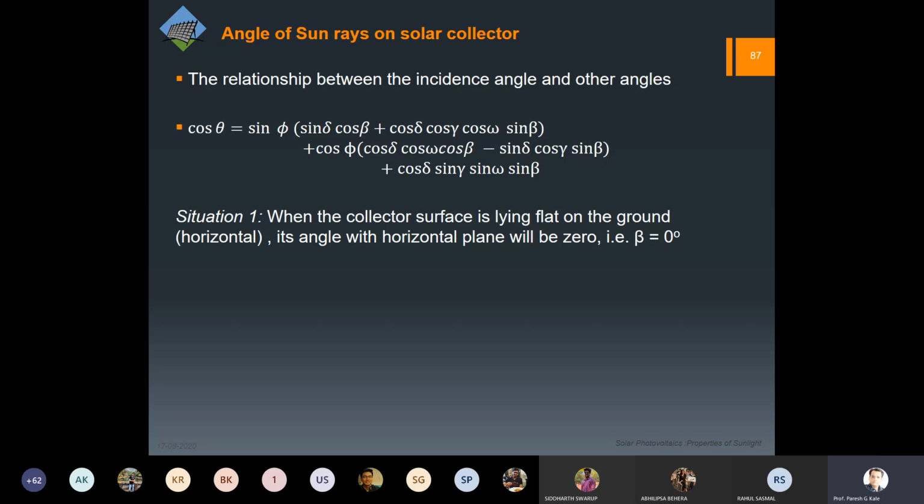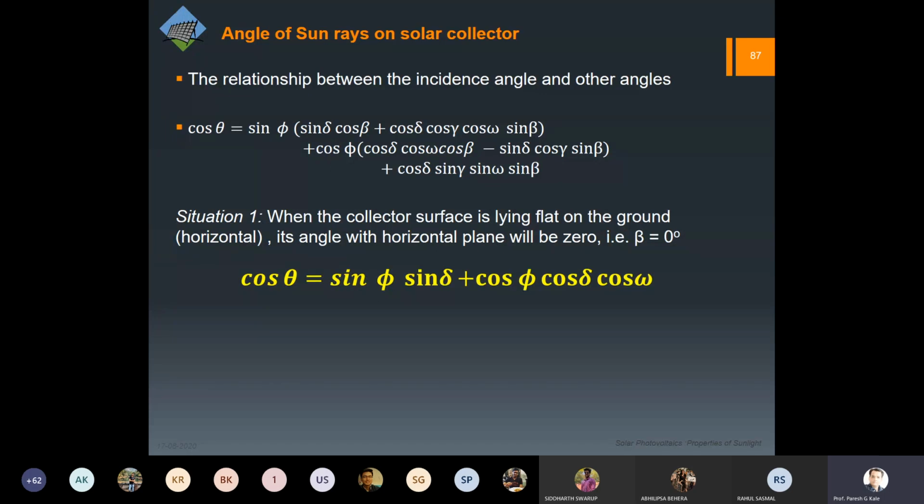In that case, there is no tilting of the panel, so there is no inclination of the panel itself. So obviously the angle beta has to be 0. If you substitute this beta, then you can find the value of cos theta.